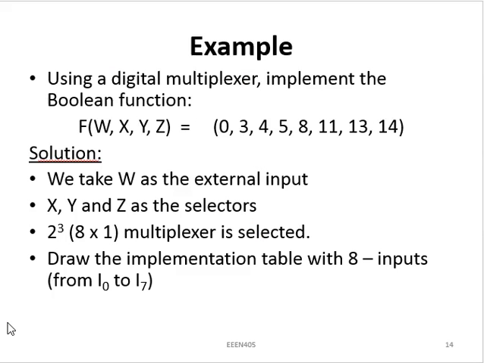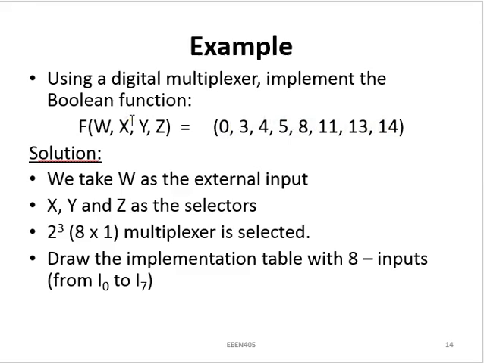In this case we have only 3 variables, A, B, and C. Now the next example is where we have 4 variables, W, X, Y, and Z. We have a function F that contains these 4 variables, and we are given the minterms available in that function. We have 0, 3, 4, 5, 8, 11, 13, and 14.